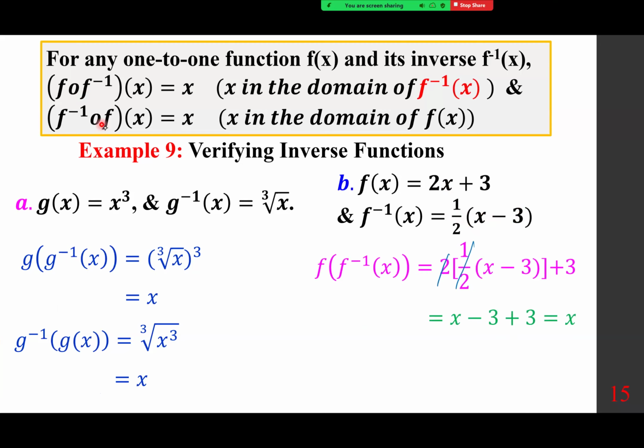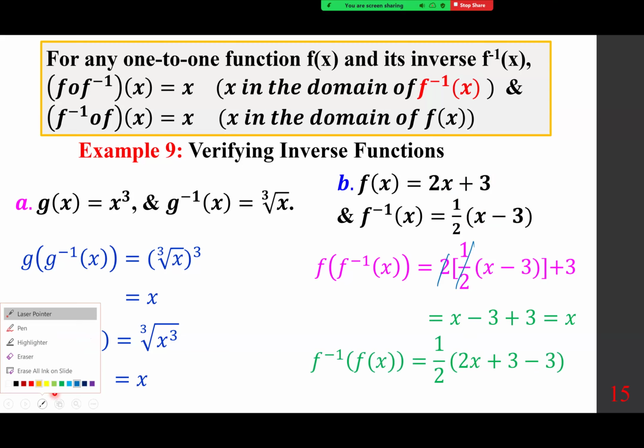Now, f inverse of, that means, look at f inverse, replace the x with this statement. So half of x becomes 2x plus 3. And then this one remains. And these two cancel each other.